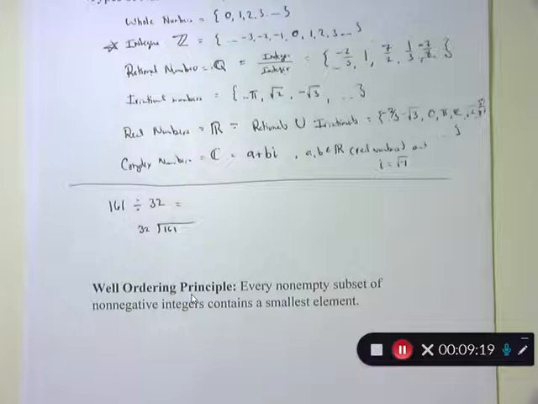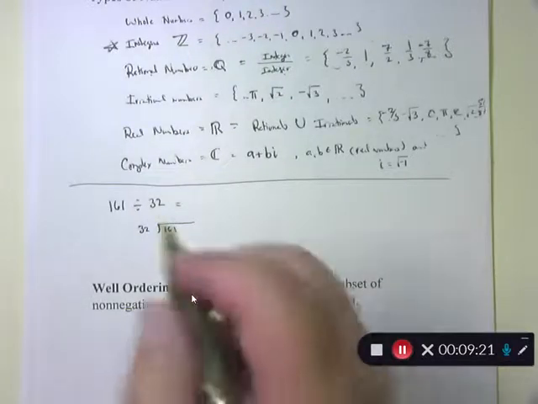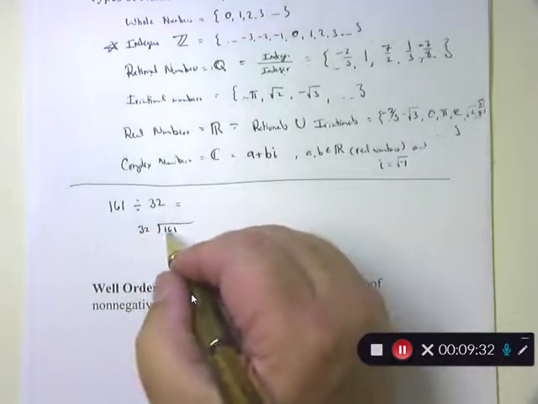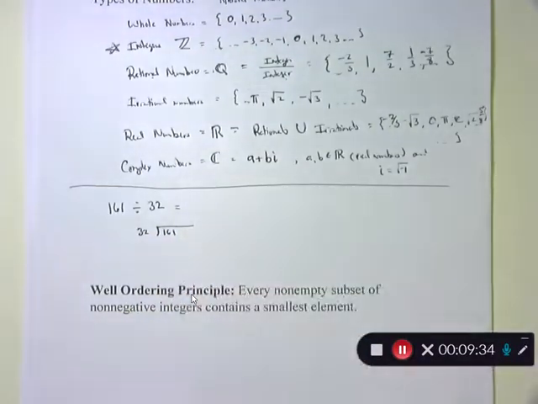So let's see here. How many times does 32 go into it? Well, it doesn't go into 16, so it's going to have to go into 161. So how many times does it go into 161?